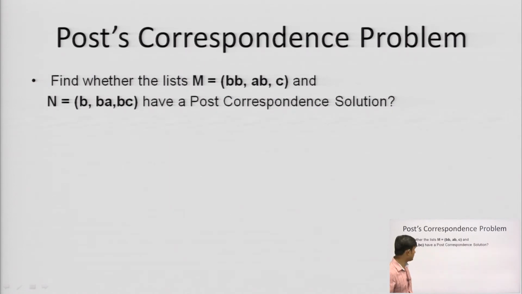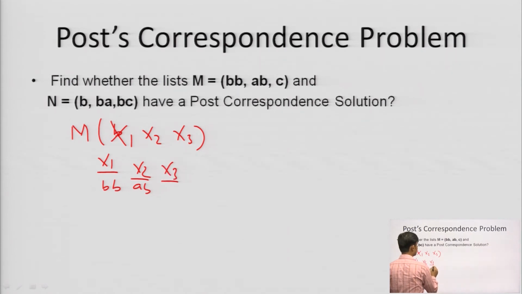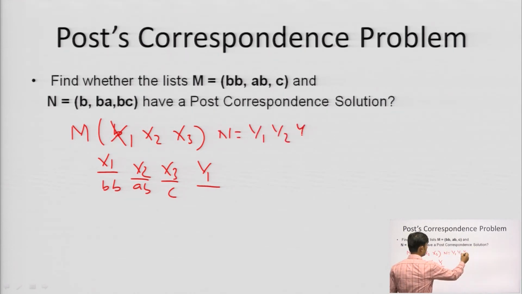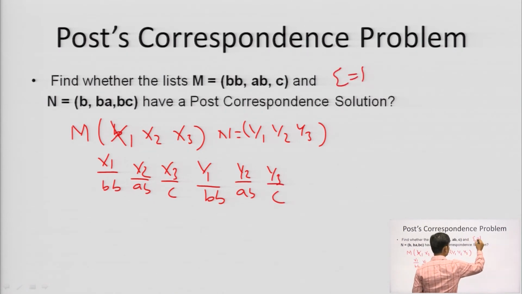M is x1, x2, x3, where x1 is BB, x2 is AB, and x3 is C. And N is y1, y2, y3, where y1 is BB, y2 is AB, and y3 is C. The input alphabet is A, B, C.